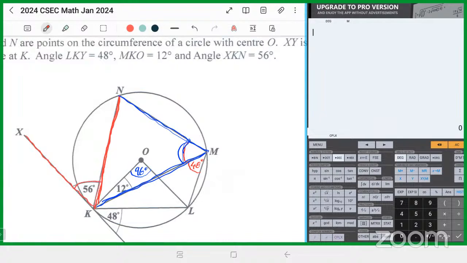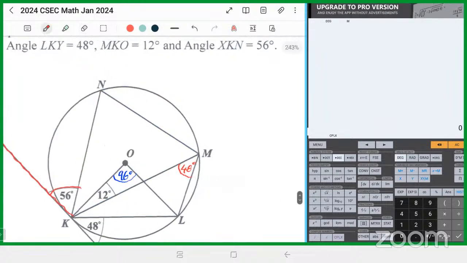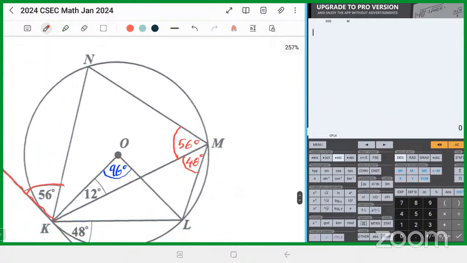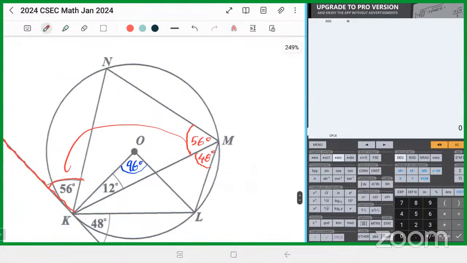And so the chord is going to subtend the same 56 up here. So this angle is 56. We can put that angle inside here as 56. Tangent and chord rule. That's 56, because it is equal to the angle between the tangent and the chord over there, and the chord is subtending that.